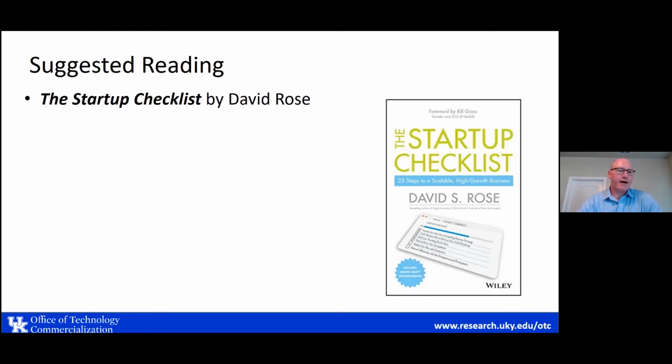So I think the first step for anything university research, deep tech related, is make sure that you have your IP locked down in the startup. It's one thing for our office to be filing the patents and protecting your IP, and you may be working with us on that, but making sure that your startup has rights to that IP is a really critical step.